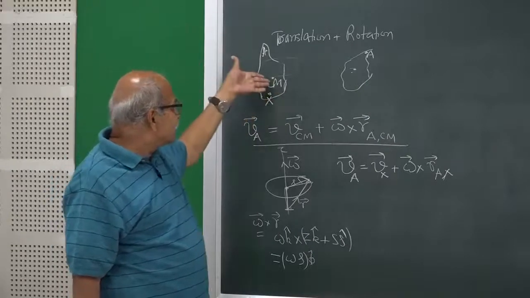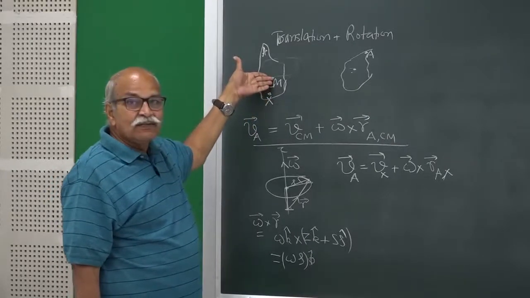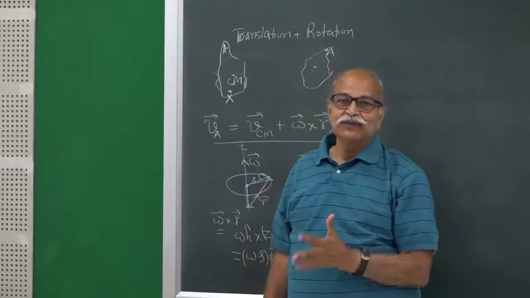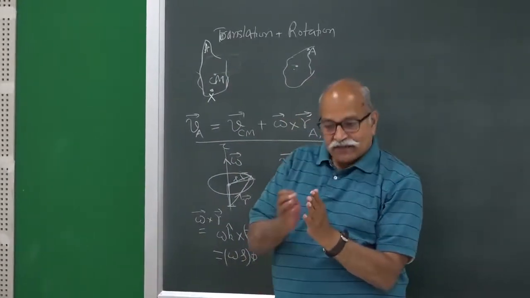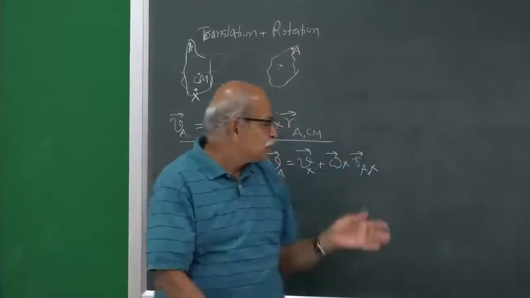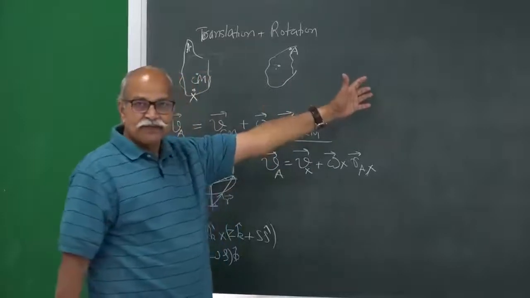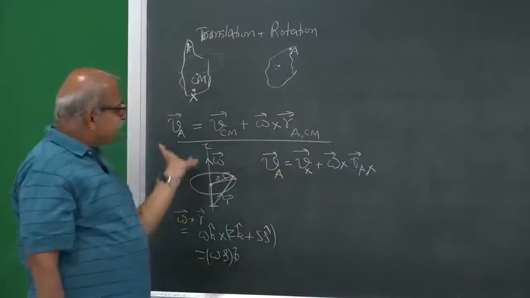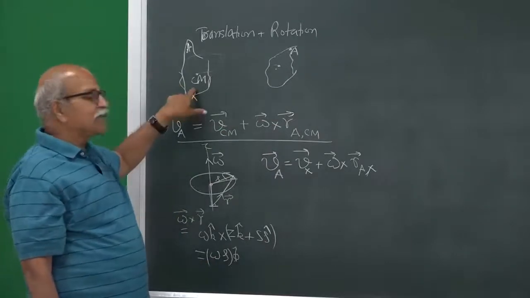So, it is not necessary to have the center of mass, you can choose any point you like. The translation can be seen with respect to that point, the whole rigid body going from one place to another, and then the rotation about that chosen point x.